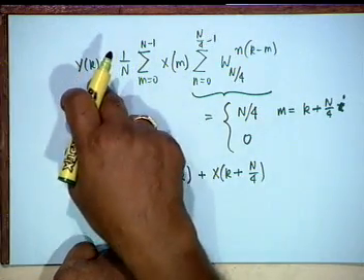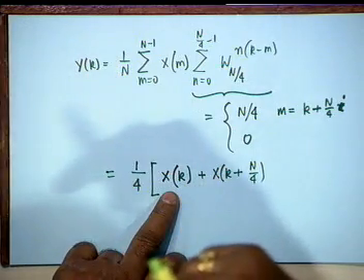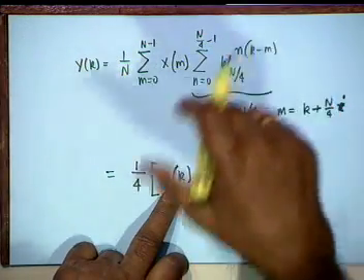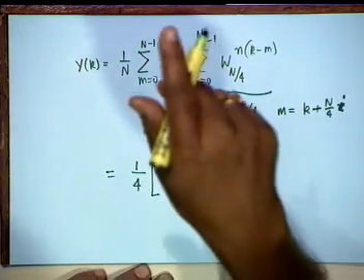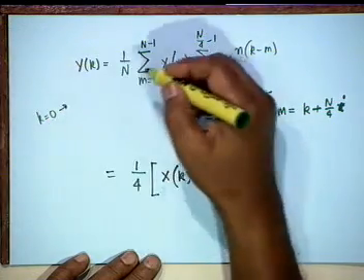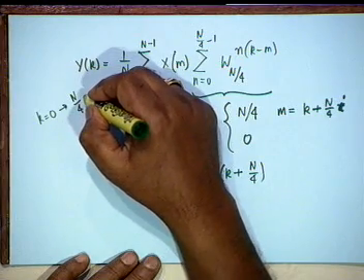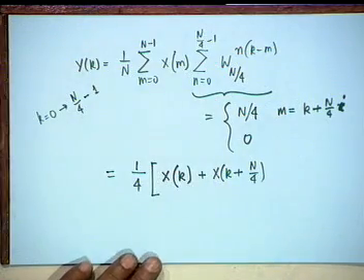Whereas yk is required only for k equal to 0 to n by 4 minus 1, okay.